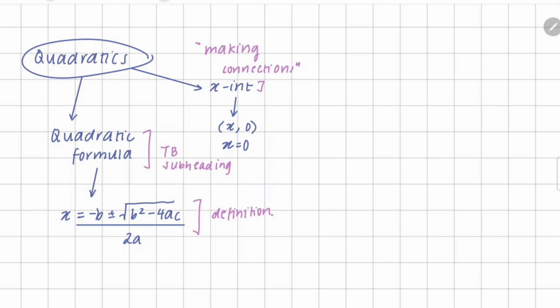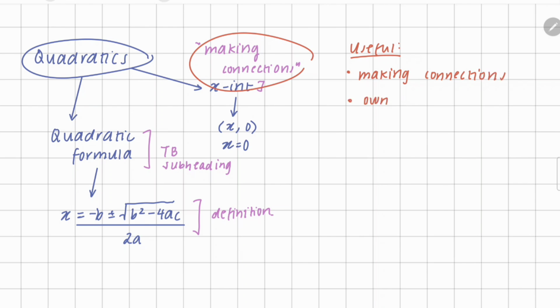So in order to make a mind map useful, there's a few things that we need to think about. We need to make sure that we're really making connections. Properly making connections, and I'll talk about how to do this soon. As well as using our own words.